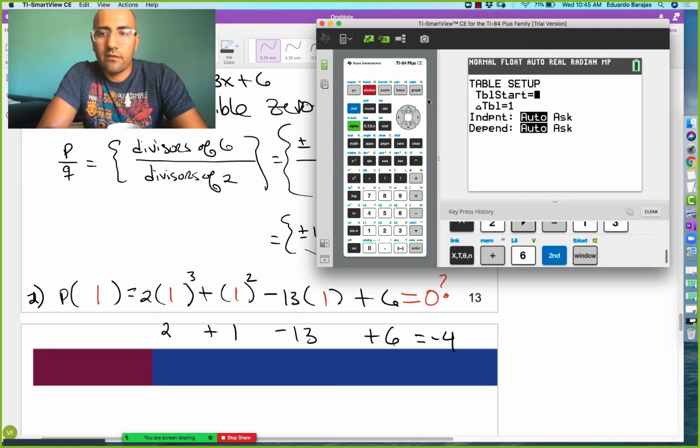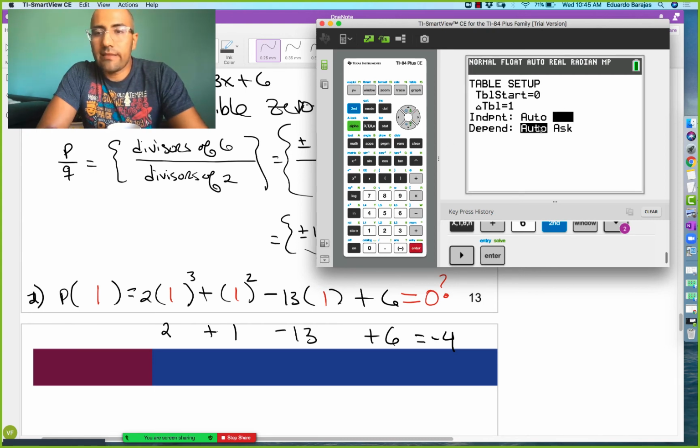Okay, so table set gets you to this menu. Now you're going to go down to where it says independent variable, and you're going to move it over to where it says ask, and then hit enter. If it's already like that, then that's fine, leave it alone. But I want the independent variable to be under ask, not auto. Good.